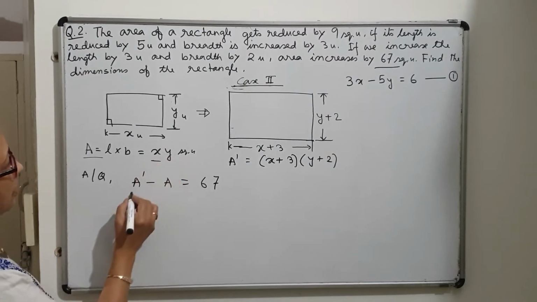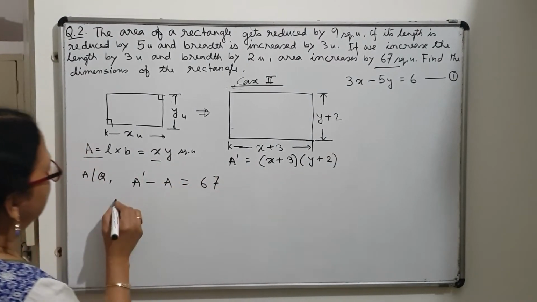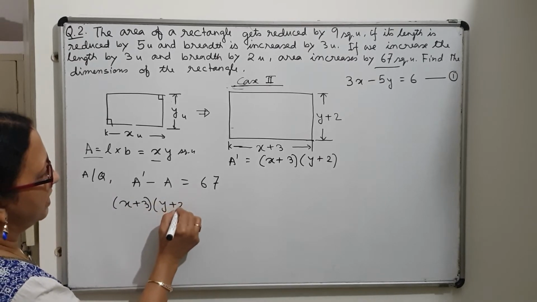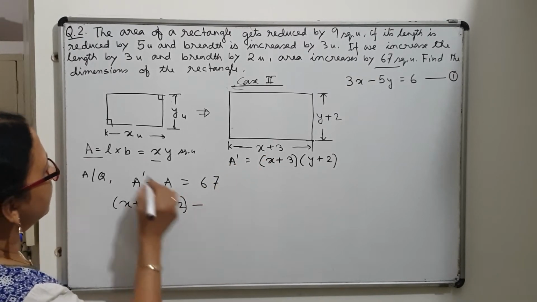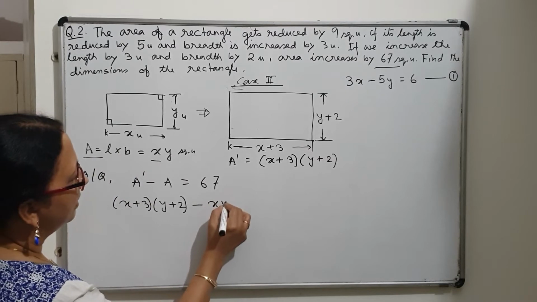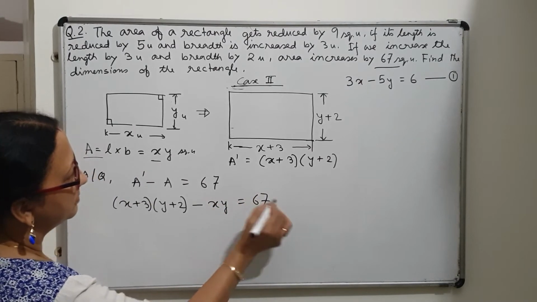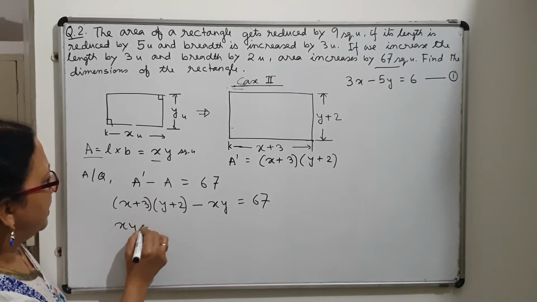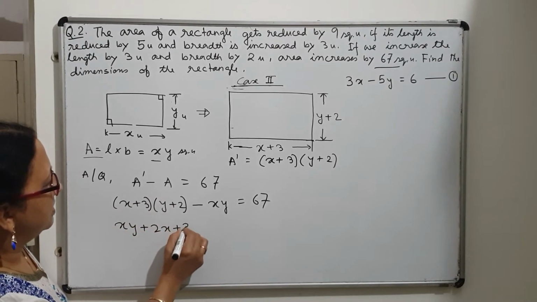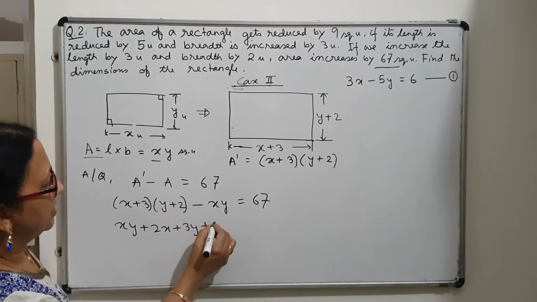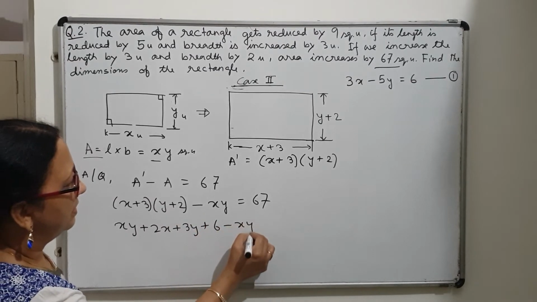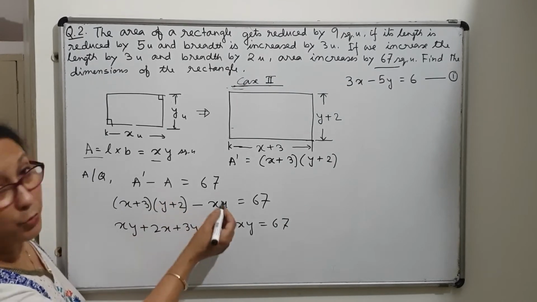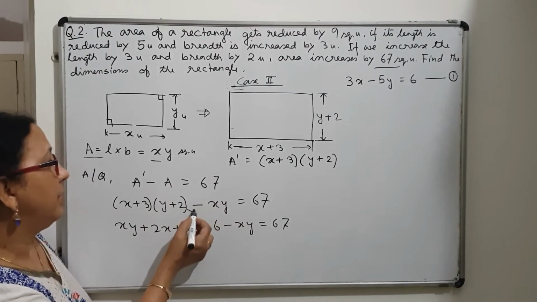A dash is x plus 3 into y plus 2, the new area, minus A, which is xy, is equal to 67. So multiplying, xy plus 2x plus 3y plus 6 minus xy is equal to 67. Here we don't have to put brackets because there is only one single term before the minus sign.